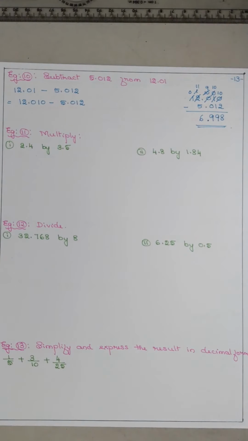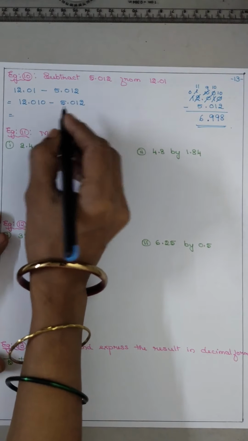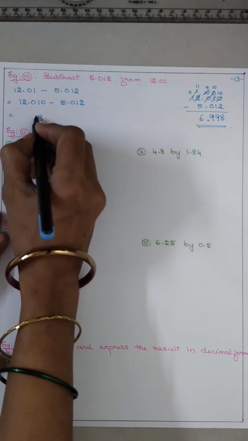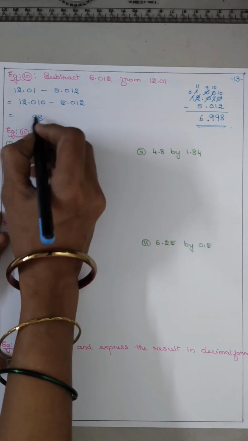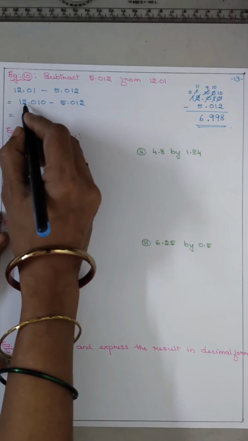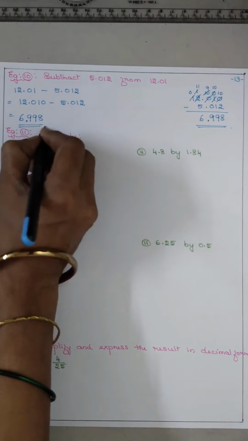So this is how it is done. To do it directly: 10 minus 2 is 8. Now here it is 10 minus 1 is 9. Here 9 is remaining, 9 minus 0. Here it will be 1, meaning 11 minus 5 is 6.